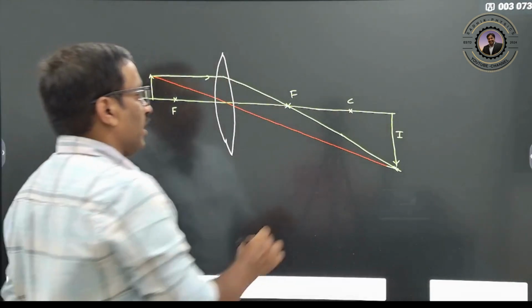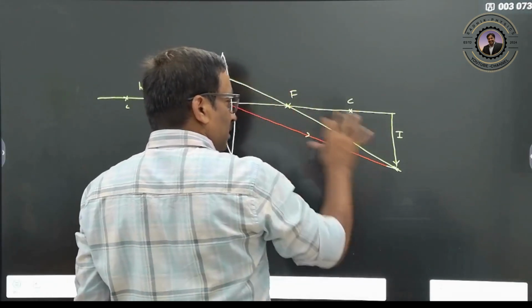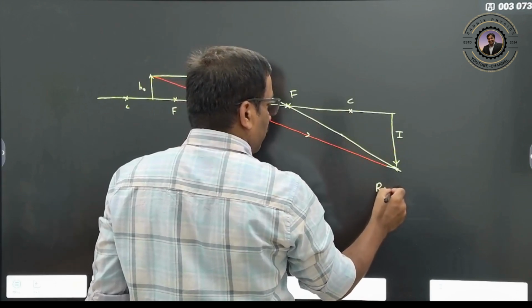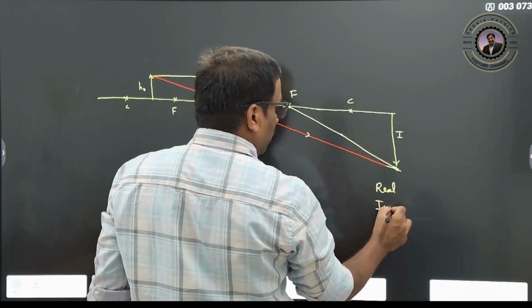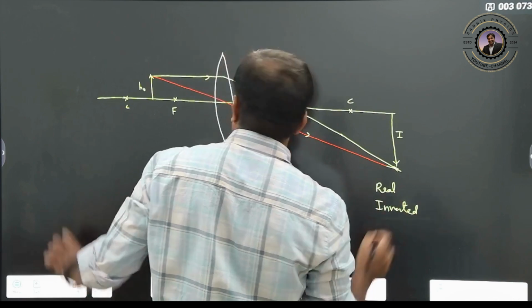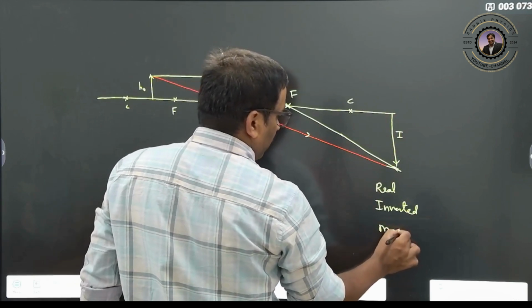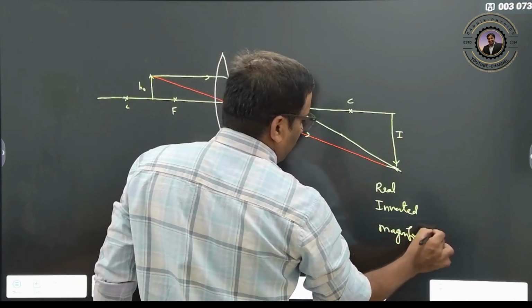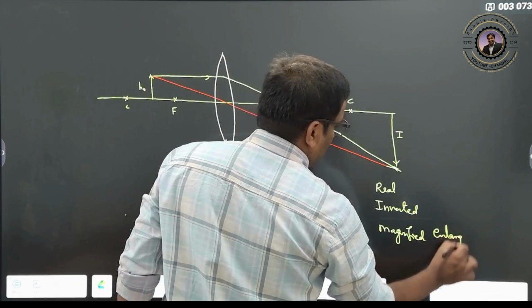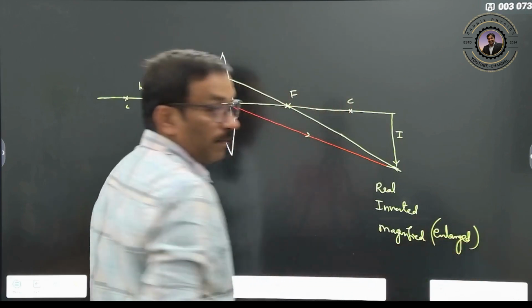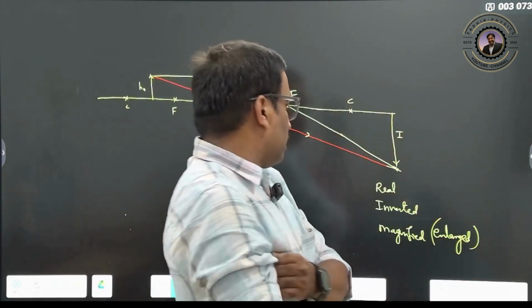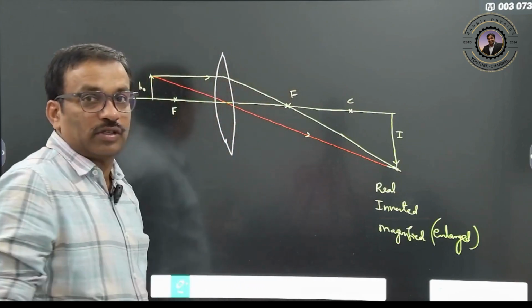Real light rays are coming and meeting, therefore it is a real image. It is inverted. This is the smaller size and this is the bigger size, so we can call it magnified or enlarged. Clear? So it is an enlarged image.